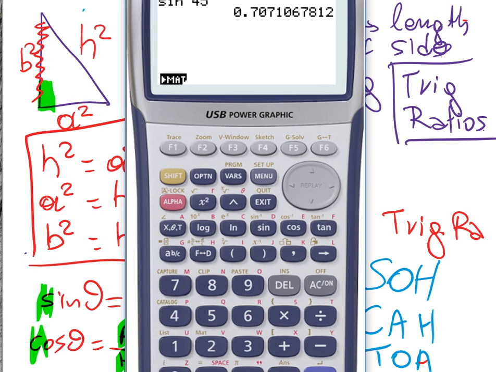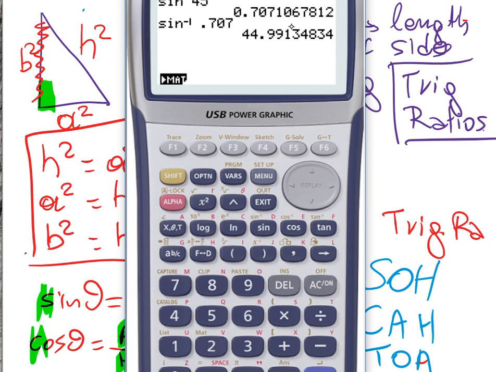0.707. And in the same manner, if you know this number, you can find the angle. How are you going to find that? You have to press Shift sine, and then you get sine to the minus 1 of this 0.707, and if you press equals, it will give you 45 degrees.